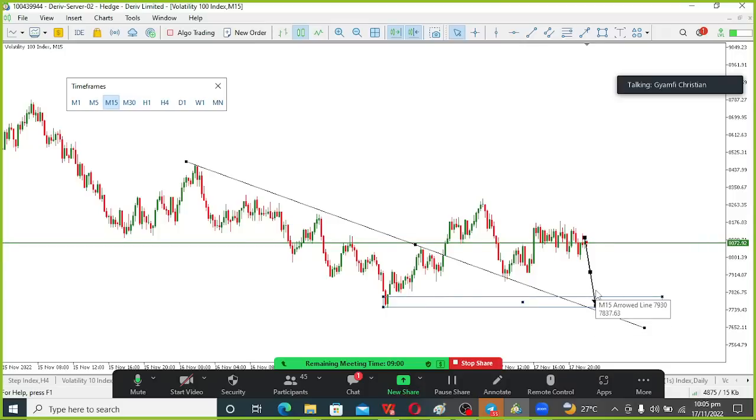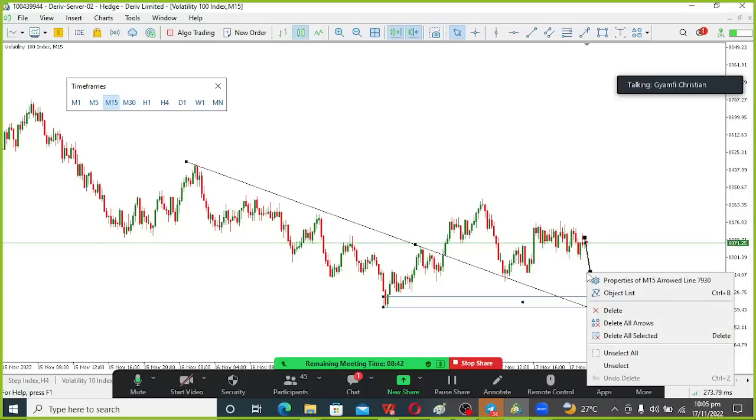So here I would have two different confirmations. I have the trend line over here, and then I also have this support zone over here. And this is where the market is right now.